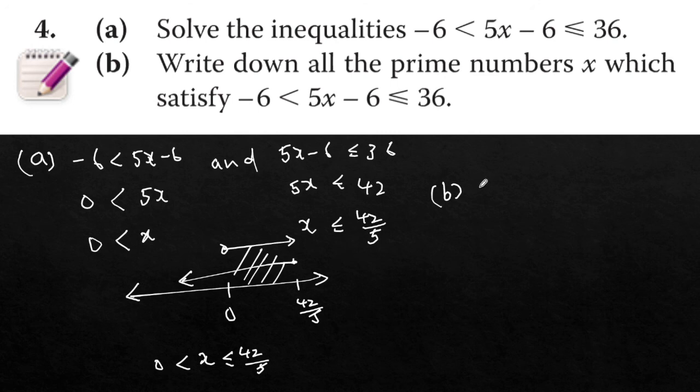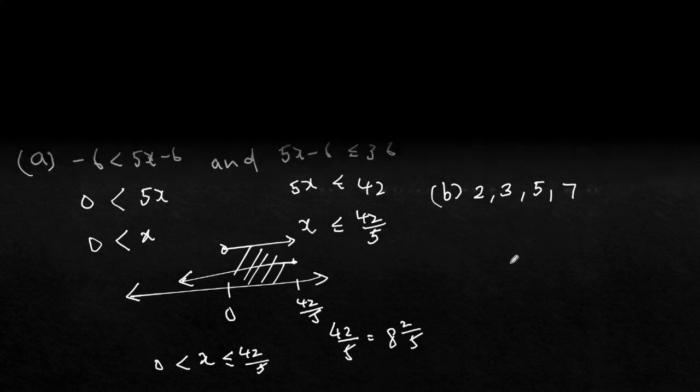So the first prime number will be 2, followed by 3. Now 42 over 5 is equals to 8 and 2 over 5. So we can have 5, 7. So these are all the numbers that are less than or equals to 8 and 2/5 and at the same time more than 0.